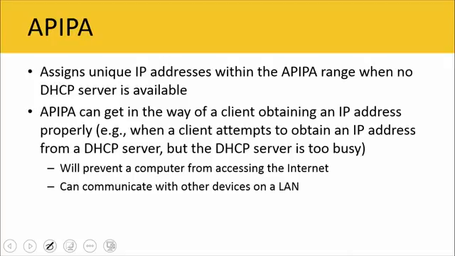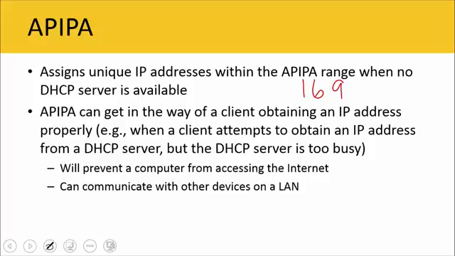All right, so we talked about APIPA a little bit earlier as well. APIPA is another networking service that makes things really nice for us. It assigns a unique IP address that starts with 169 when no DHCP server is available. APIPA, though, can cause us some troubles too, because if you have an APIPA address, a 169 address, it can make it difficult to obtain an IP address properly from a DHCP server sometimes, right?